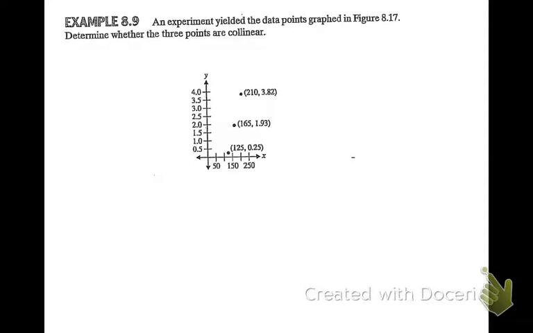So let's label them A, B, and C. If we find the slope of AB, and if that slope is the same as the slope of BC, then the points should be collinear. So go ahead and figure out those slopes, and see if they're collinear.